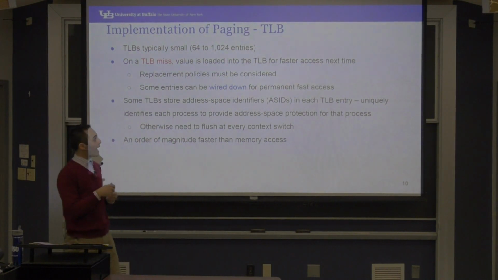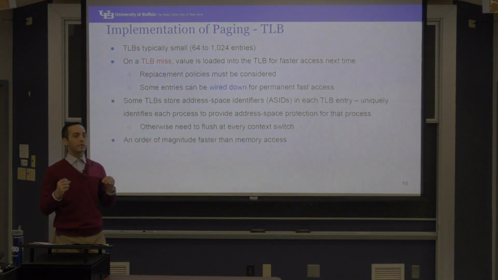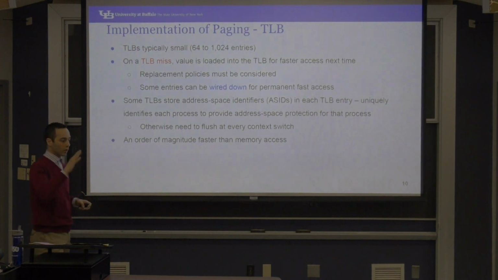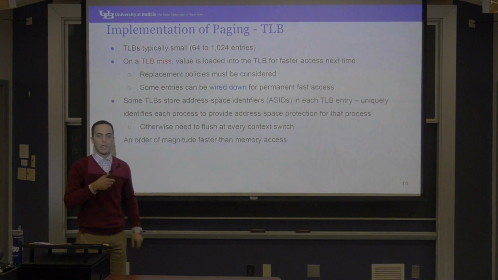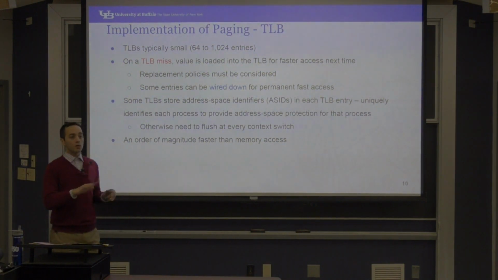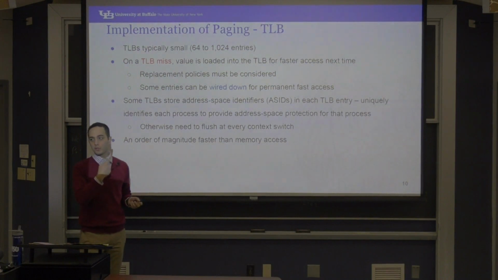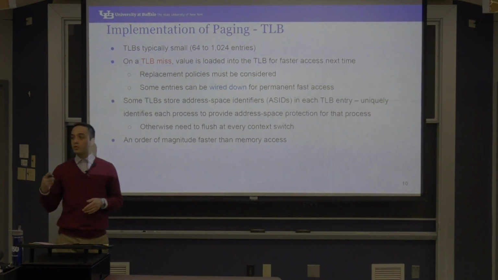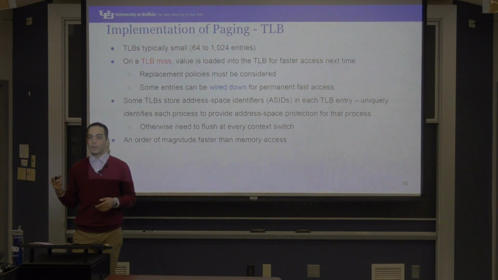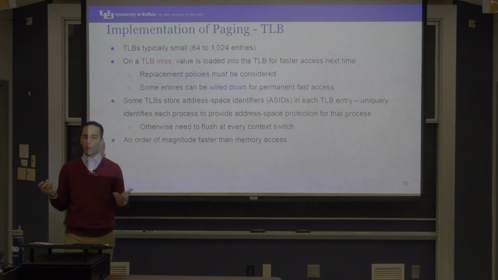So instead, you can have some of the entries be wired down. Tell the CPU, okay, these entries from 0 to 10, don't change them at all. Keep them, replace other pages. What would this be useful for? Most frequent pages, or some other notion of importance.